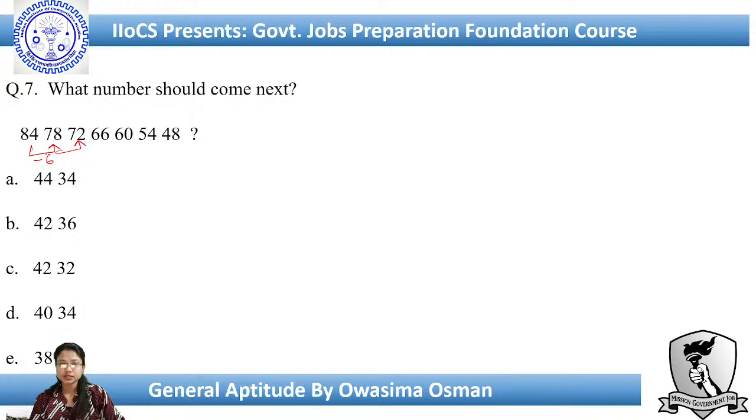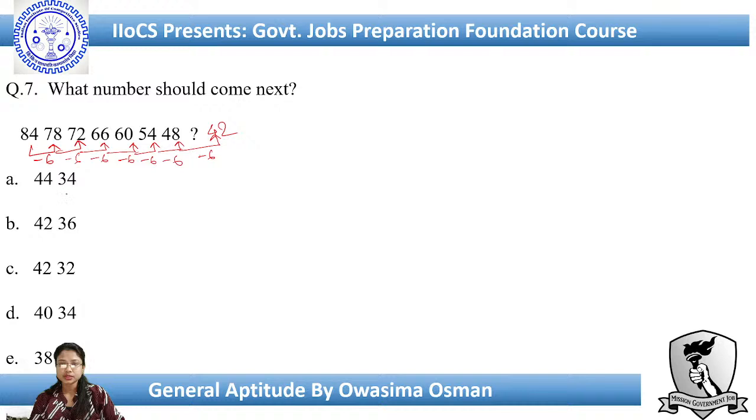If we do 84 minus 6, it will be 78, 78 minus 6 will be 72, 72 minus 6 will be 66, 66 minus 6 will be 60, 60 minus 6 will be 54, 54 minus 6 will be 48. So 48 minus 6 will be 42.